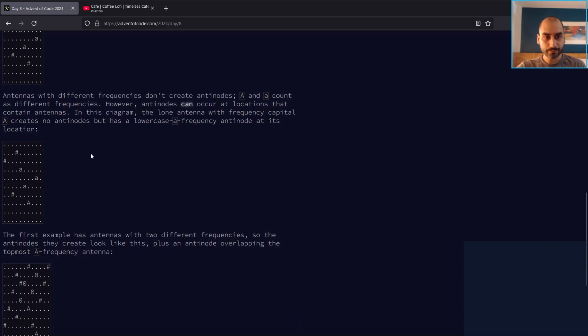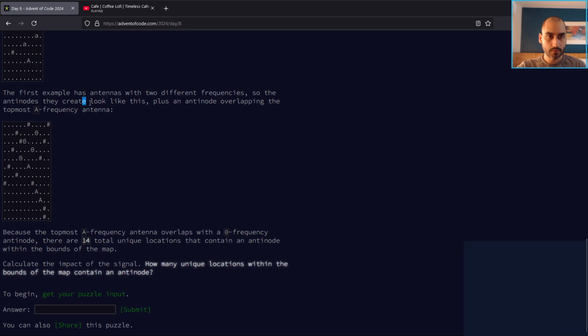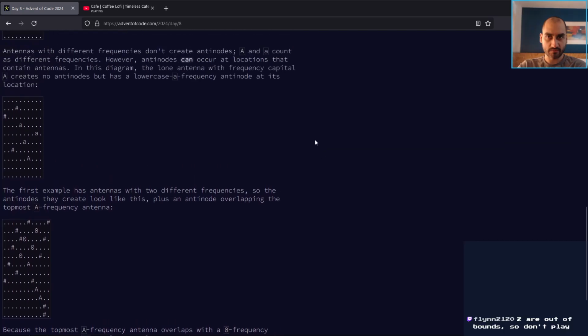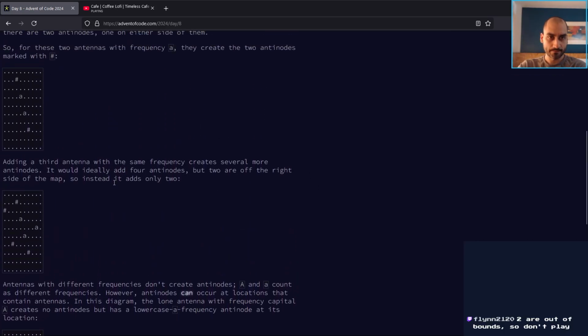Okay. Alright. Because the topmost A frequency antenna overlaps with a 0 frequency antinode, there are 14 total unique. 2 are out of bounds, so don't play. Yeah, so assuming there was no bounds, it would actually have 4.